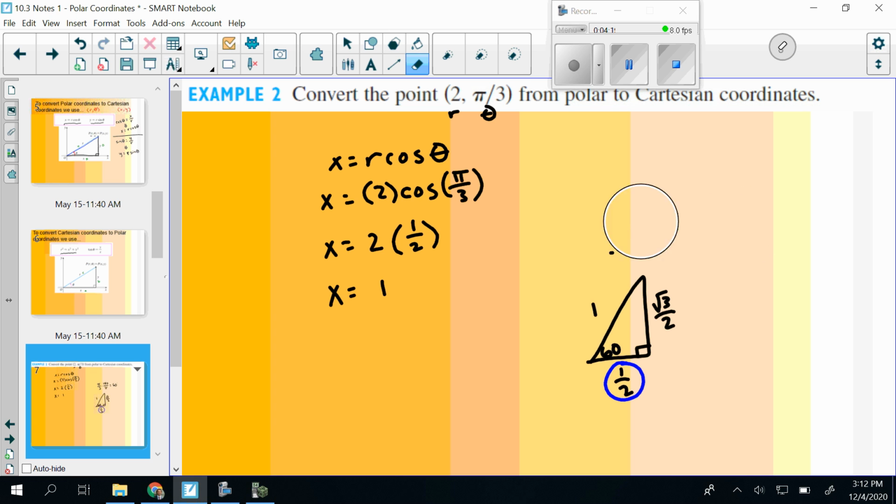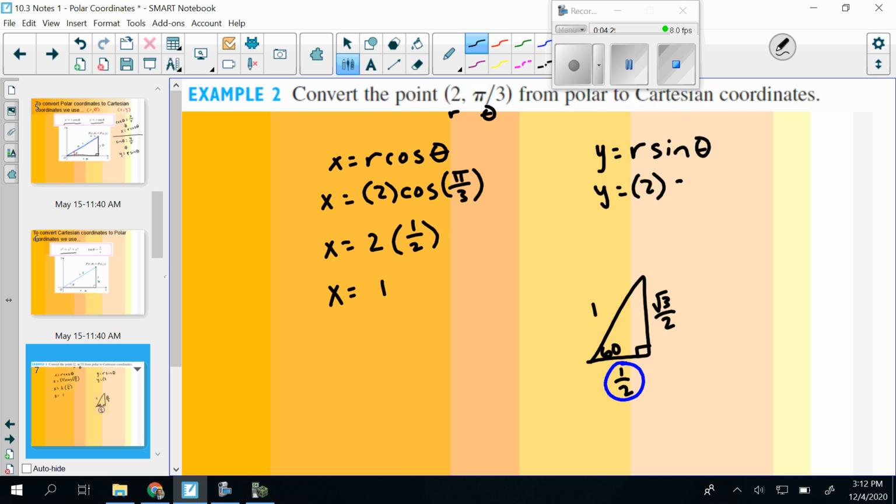All right, if we want to find the y coordinate, y is equal to r sine theta. So same r and theta value. What is sine of pi over 3? Sine is the opposite side over the hypotenuse, so that would be square root 3 over 2.